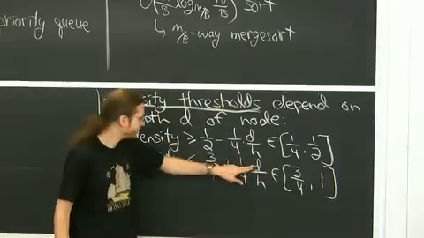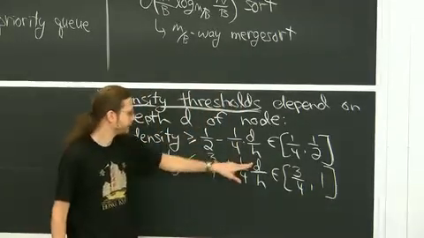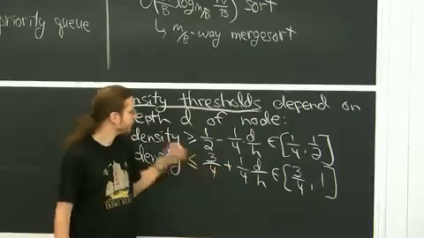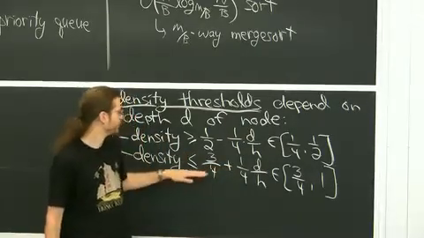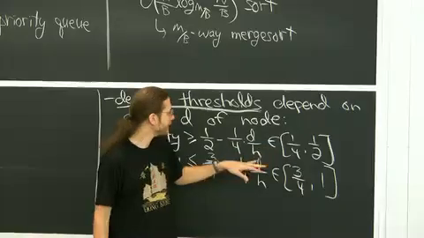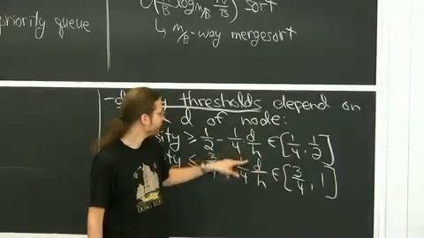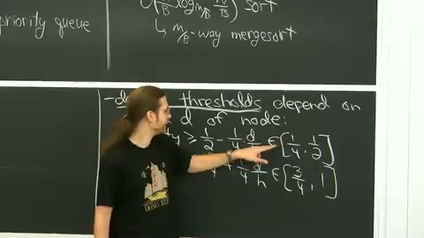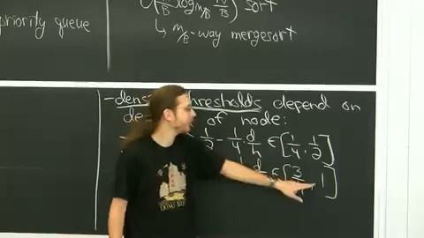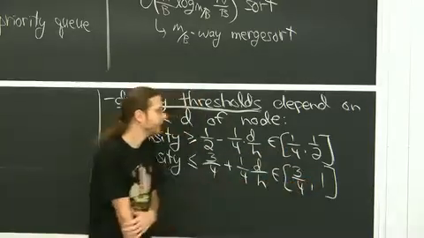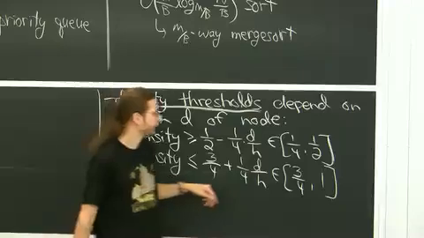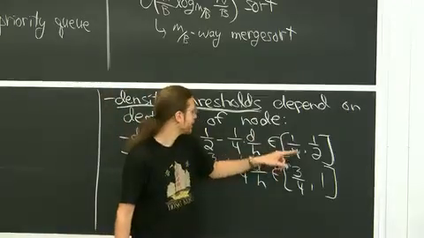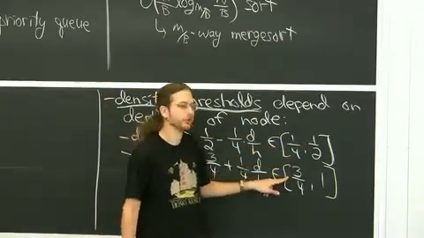It's 3/4 when this is 0 and 1 when this is h. So at the bottom, I was a little bit off. At the bottom, the leaf level, when these are both h, the density has to be at least 1/4 and at most 100%. And then at the root, it's going to have to be between 1/2 and 3/4.